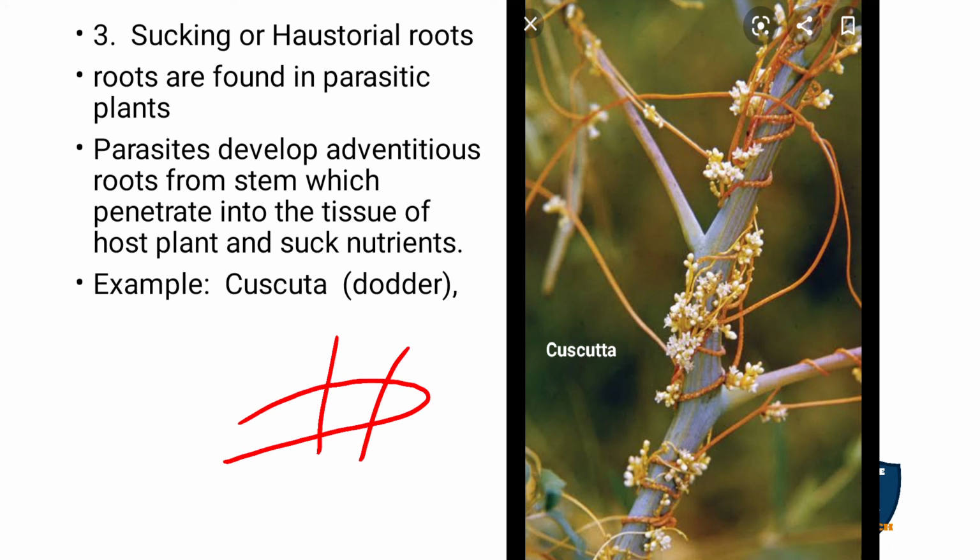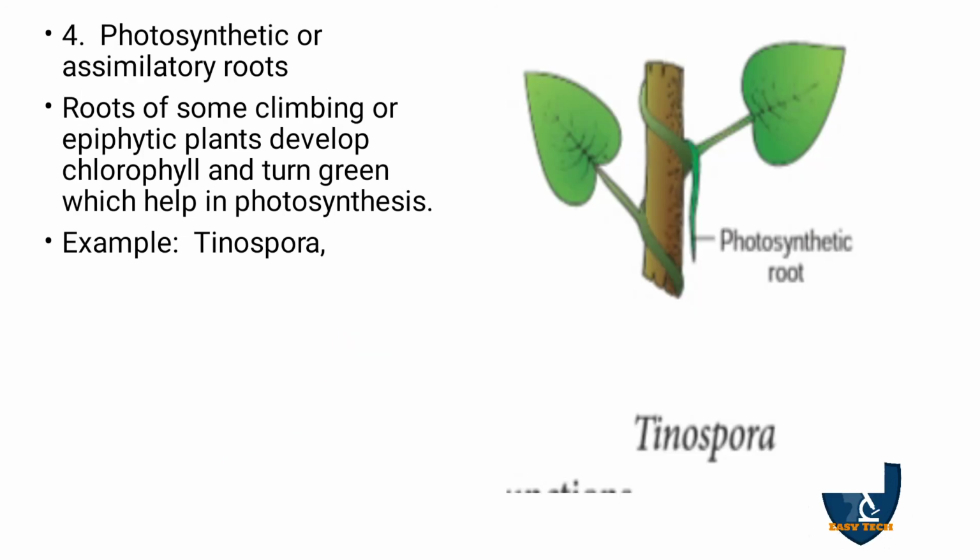It puts an injection-like structure and enters and blocks the host plant with the help of haustoria, and it sucks the nutrients from the host plant. Example, Cuscuta, the dodder plant.